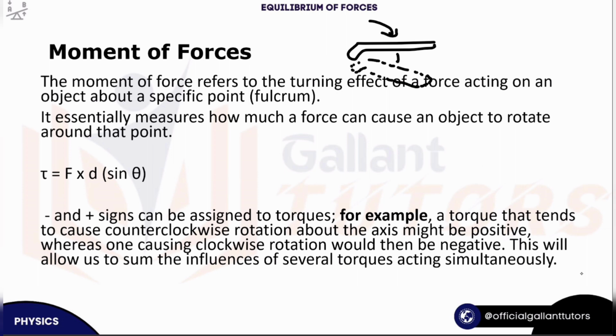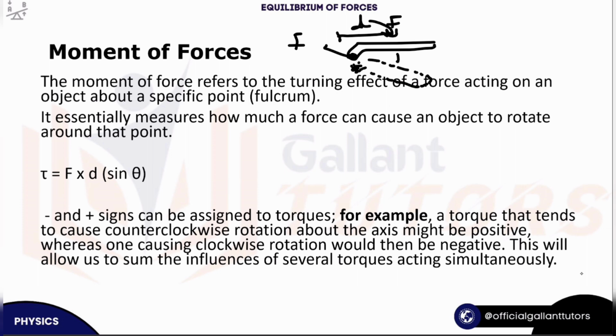We notice that this point remains more or less at rest. So this is the fulcrum, right? While this point is the force. The distance between the fulcrum and the applied force is the perpendicular distance. Exactly, the perpendicular distance. Good.